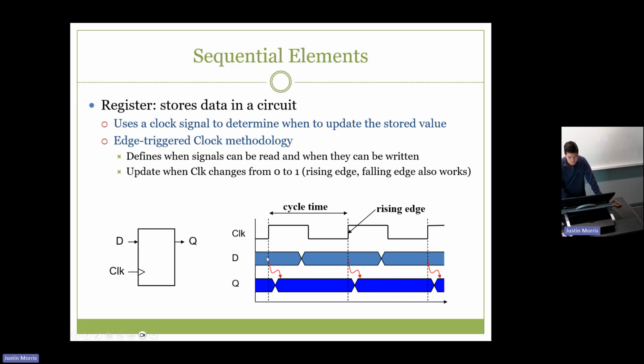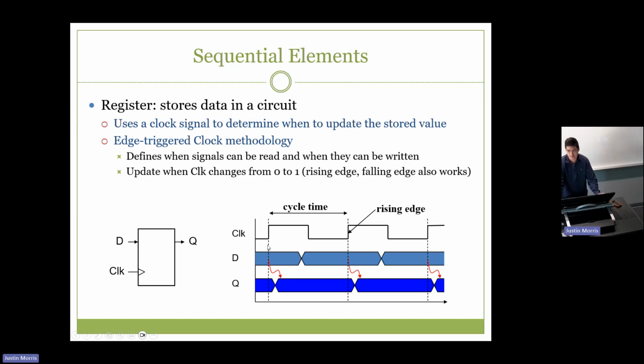So that means that the input into the flip-flop, which is D, can now be stored into it for the next clock cycle. And the output Q would update to what D was. Okay. And then the falling edge also works. But again, the convention is like this diagram where we're updating based on the rising edge.